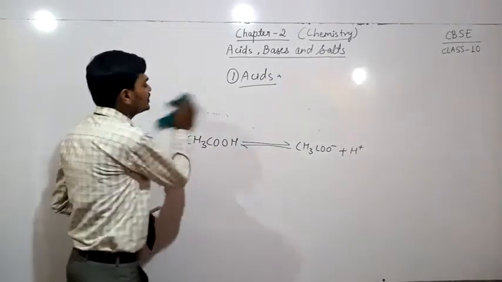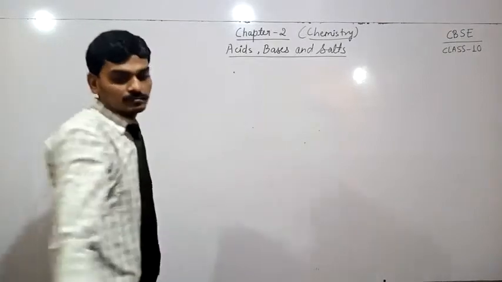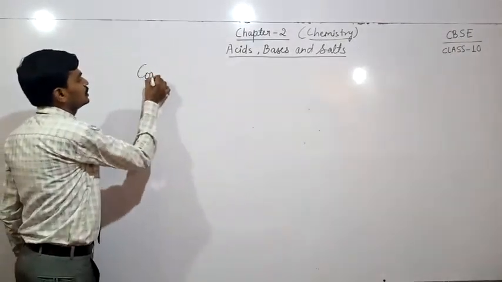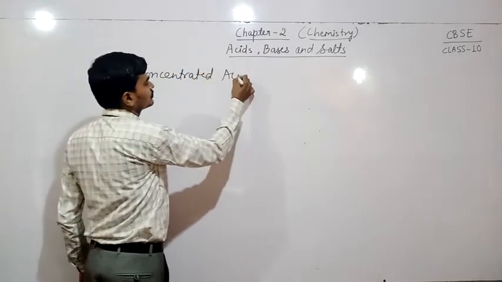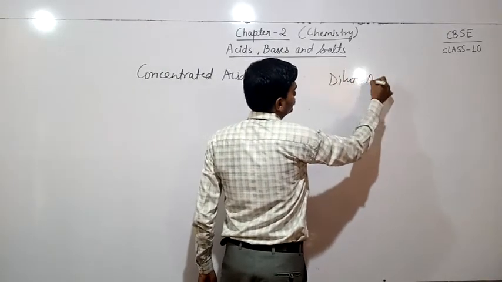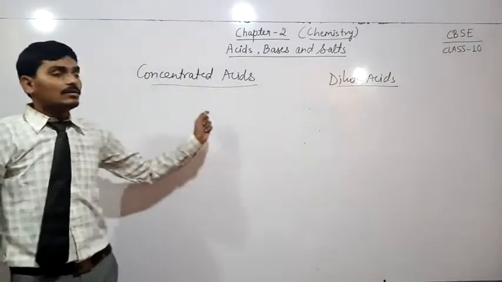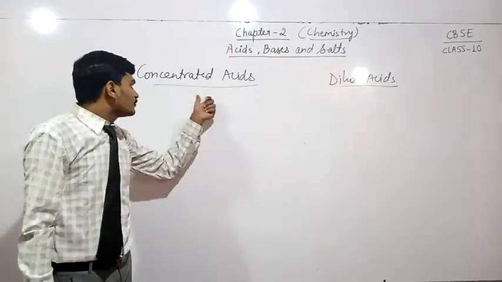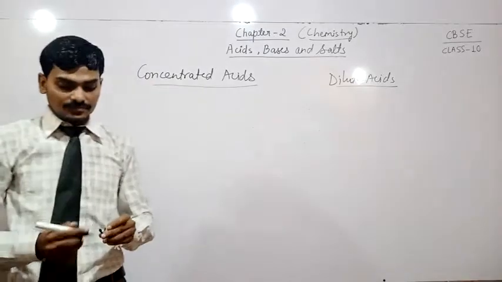These are the two types of acids. Now come to the concentrated acids and dilute acids. Now what is the concentrated acid and dilute acid? First, what is the concentrated acid?